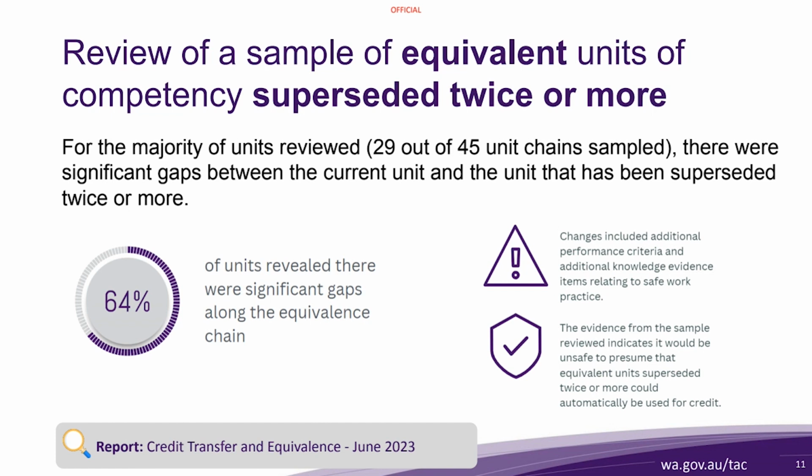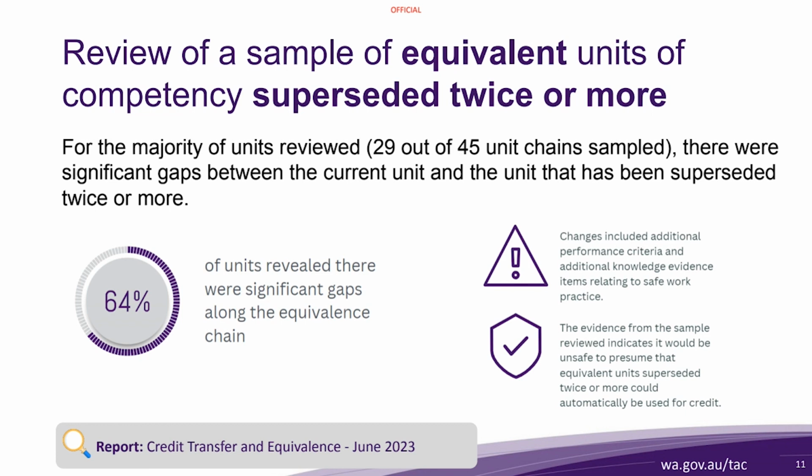So what we found was that there was a significant risk in assuming that the process of automatically awarding credit would be safe. The sort of changes that we saw were particularly in terms of safe work practice and new technology.